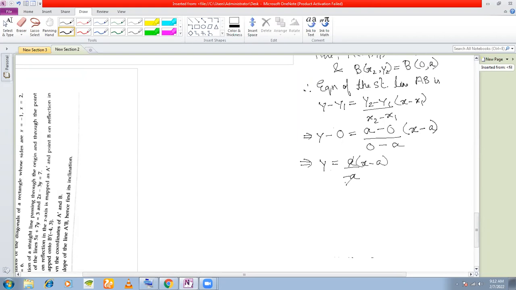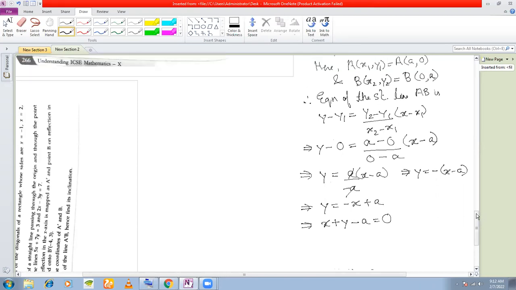Now a and a cancel, so you're left with y is equal to minus (x minus a). That means y is equal to minus x plus a. Taking everything on the left hand side, minus x becomes plus x, plus y, and a transposed becomes minus a. This is the equation of the line AB: x plus y minus a equals 0.